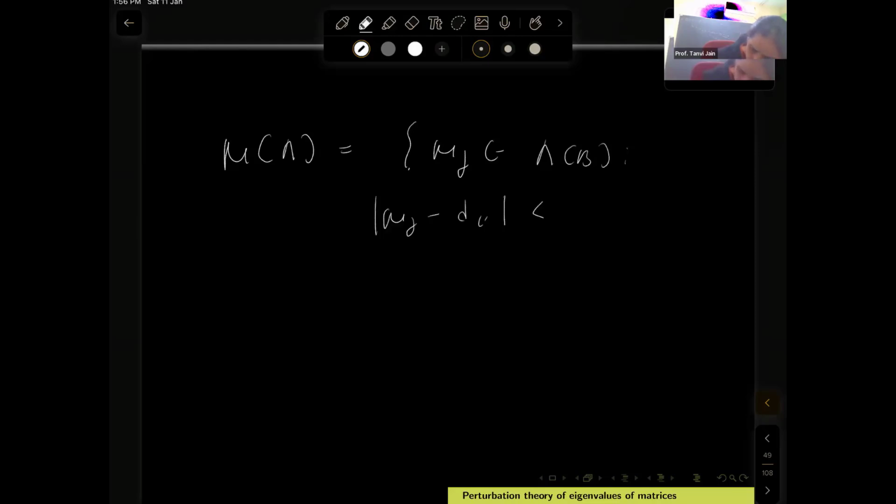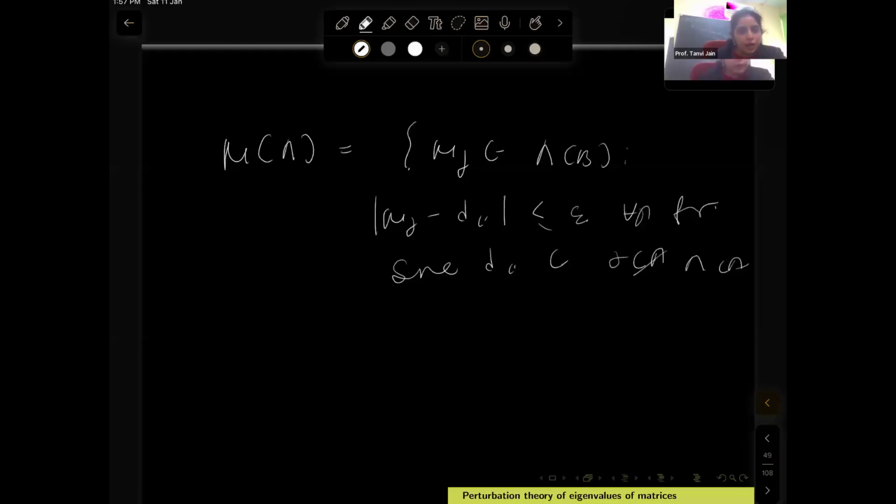And we write mu of lambda to be the eigenvalues, so that it will be all mu j in lambda B such that mod mu j minus lambda I is less than or equal to epsilon for some lambda I in lambda A. So this is mu lambda.